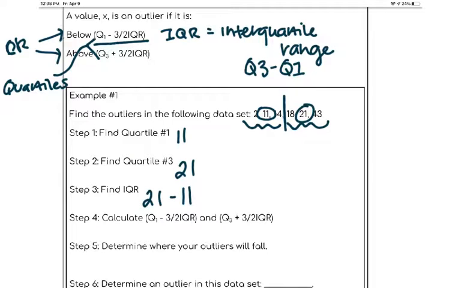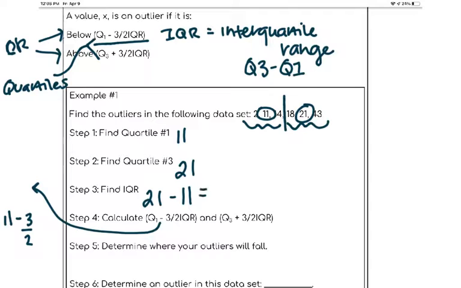Now we need to calculate these two numbers to see where our outlier will fall below or where it will fall above. So let's start with this one. Quartile 1 is 11. So let's see, 11 minus 3 halves times our interquartile range.